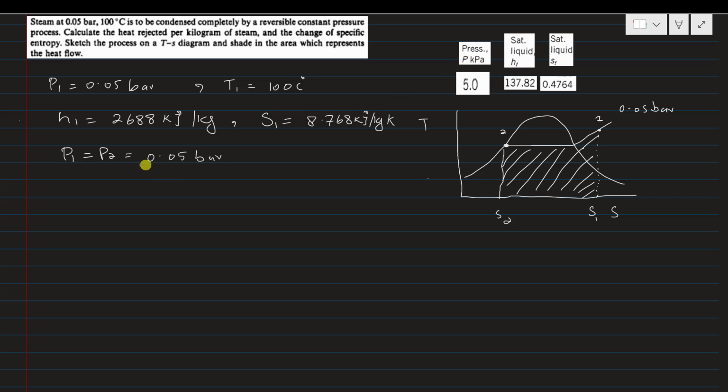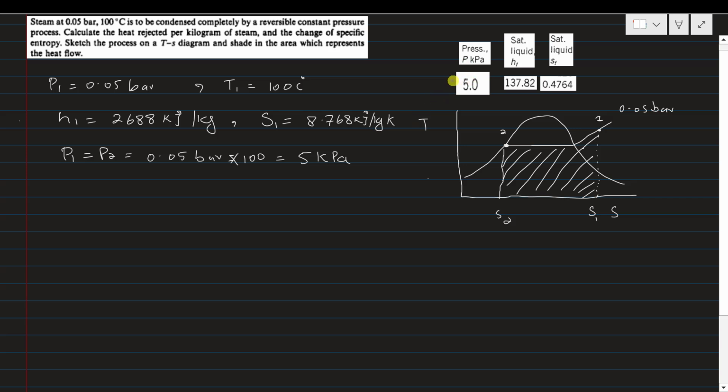So we will convert 0.05 bar to kilopascal when reading the values in the steam table. You just multiply this value by 100 and it converts into kilopascal. So that will be equal to 5 kilopascal.